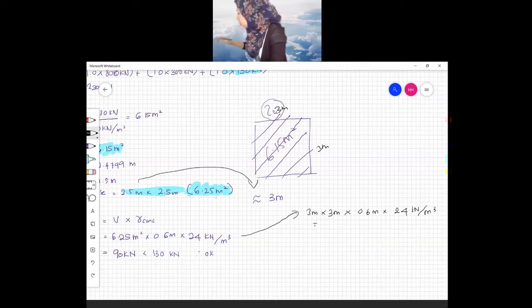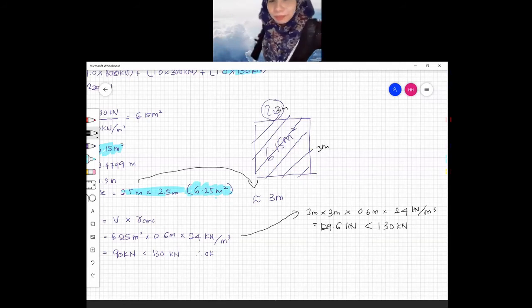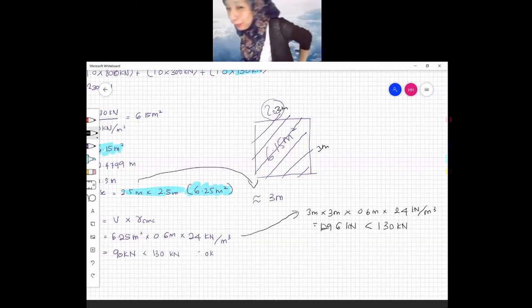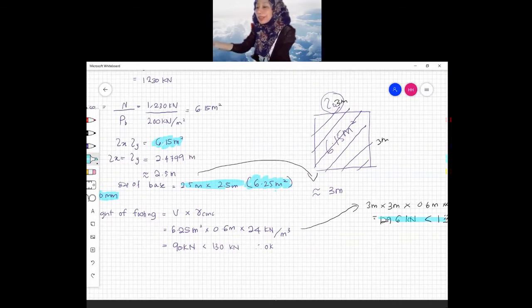You get 9 times 0.6 times 20, which is 129.6. Is 129.6 wrong? It is still less than this 130 kilonewton. So you can still round up to 3 meter, because the value is still lower than 130 kilonewton.